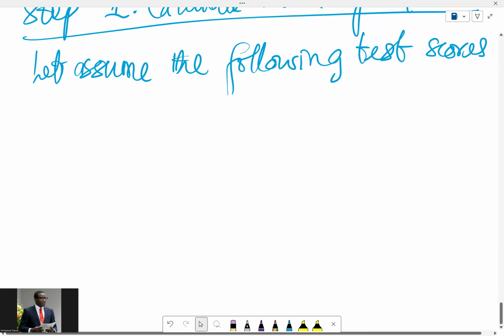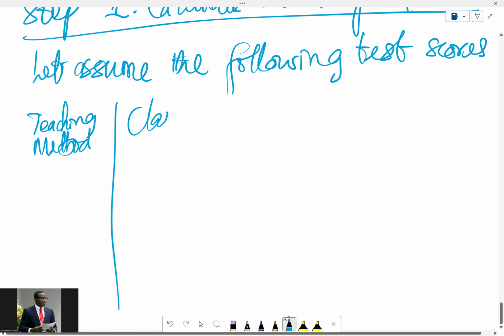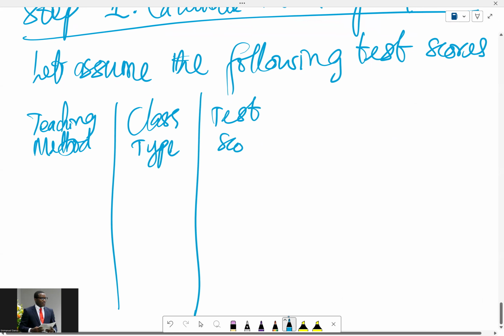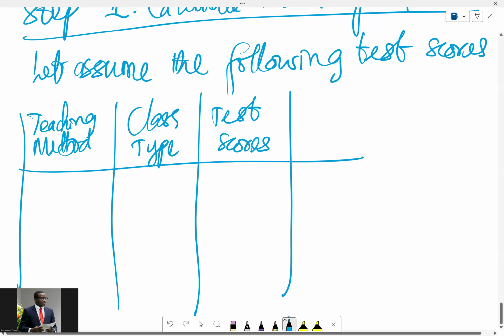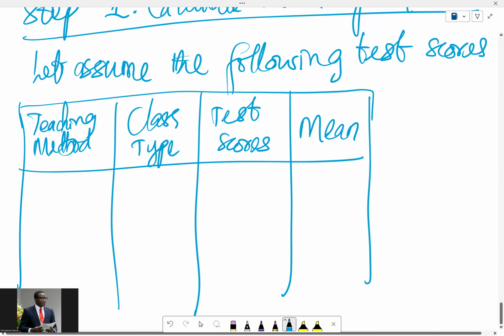Imagine we have teaching method, we have class type, and we have the test scores. Like I said, the first step is to calculate the group mean. So we can go for the mean straight up. Let's start the step that way.